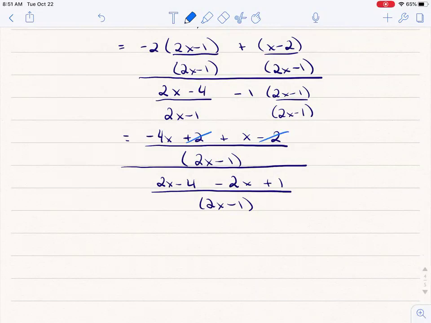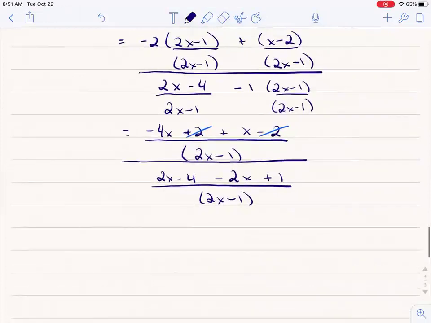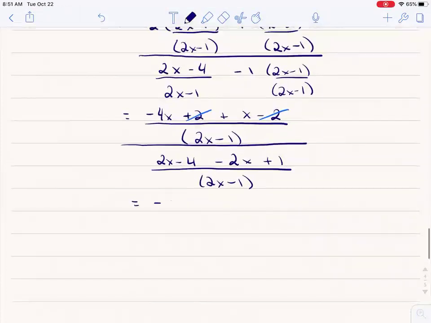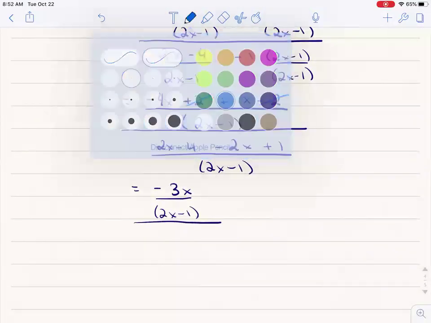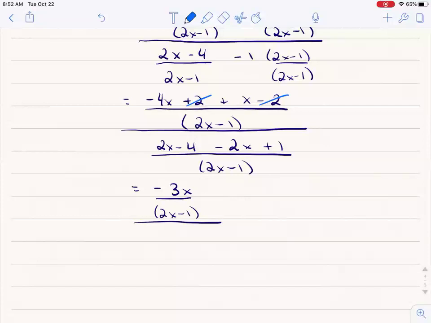And then minus 4x plus x puts me at minus 3x over 2x minus 1, over, and then 2x minus 2x, again, those go away. I've got negative 4 plus 1 is negative 3, so negative 3 over 2x minus 1.